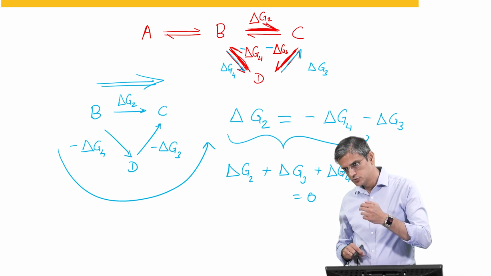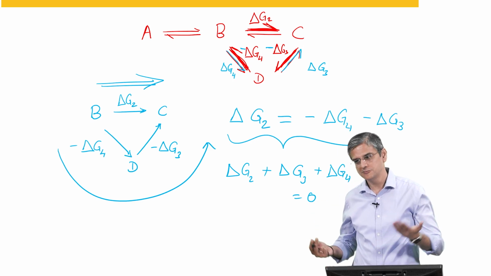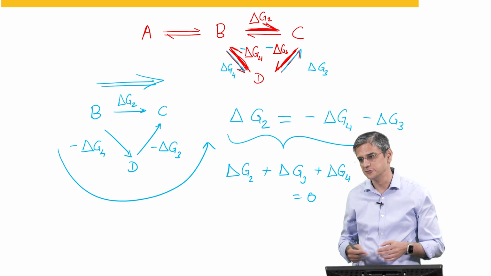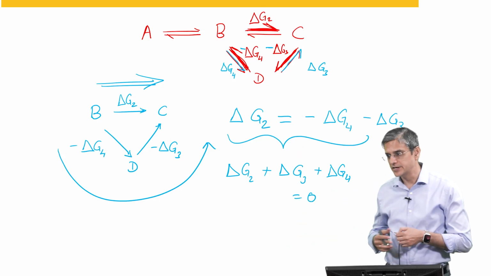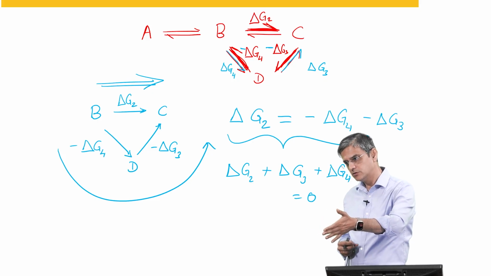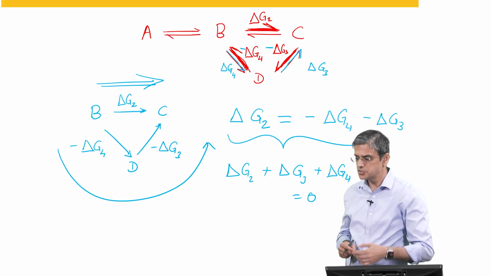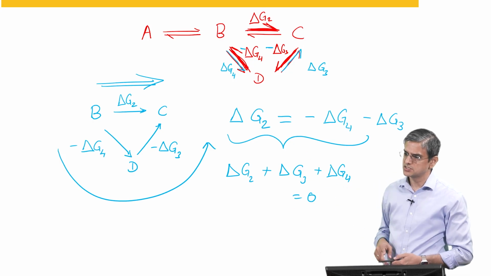So, if the values are given to you, you have to just follow what is given to you. You can't say that you prefer to work it that way. But if heats of formation and entropy of formation are given to you, you can choose which arrow you want to consider as the forward arrow.